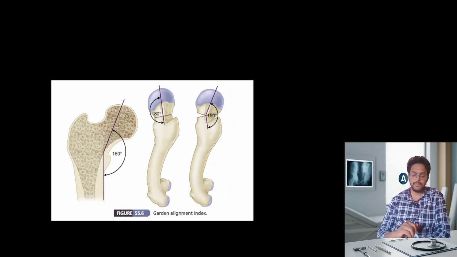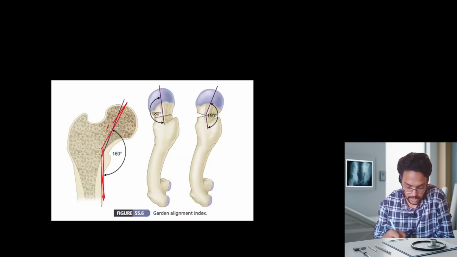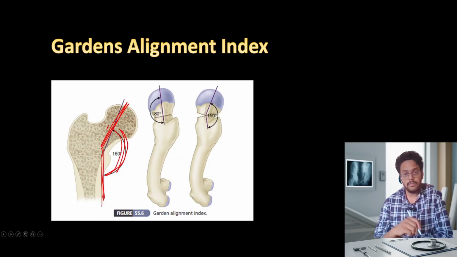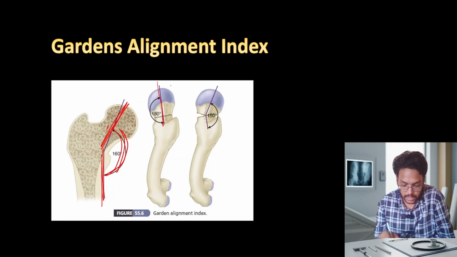So when you see an AP view, the neck shaft angle, this is the shaft, should be a minimum of 160 degrees. And in the lateral view the alignment should be perfectly 180 degrees.